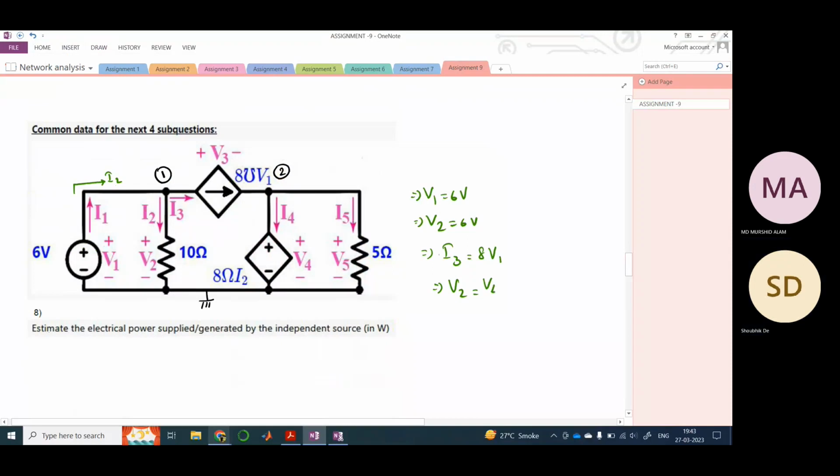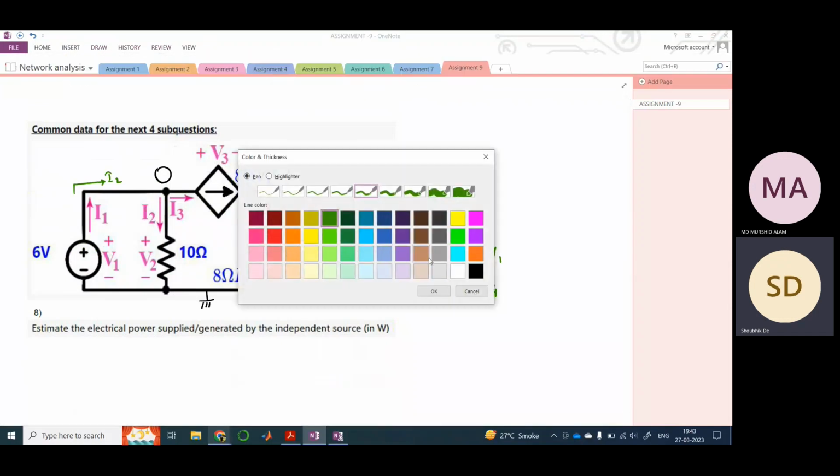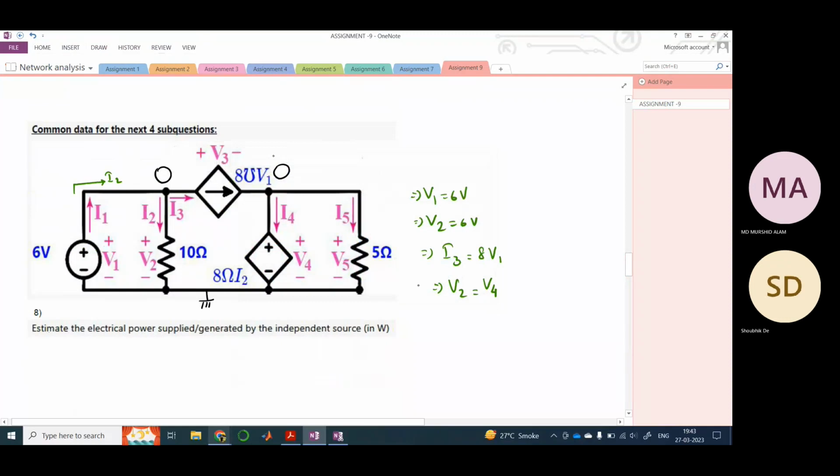Sorry, let us not use 1 and 2, we already have a 2 here and this would be confusing. Instead, we can use A and B. So this would be A and this would be B.